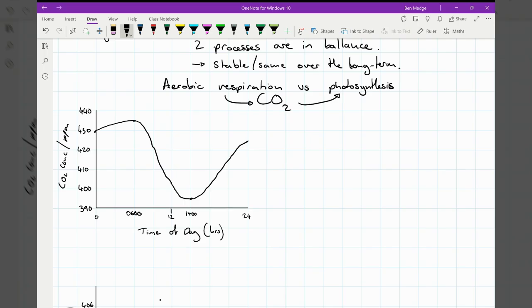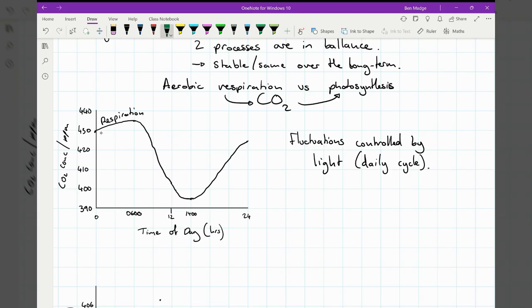So these fluctuations are controlled by light on a daily cycle. The more light you have, the more photosynthesis. So up here, we've got lots of respiration, but no photosynthesis, because it's dark.